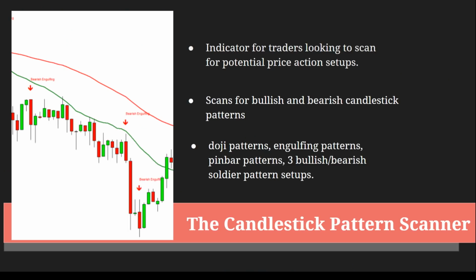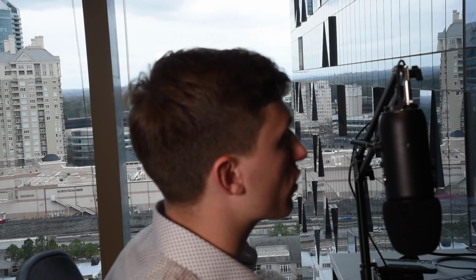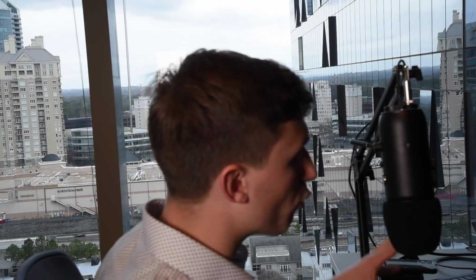So again, this tool is an indicator for traders looking to scan for potential price action setups. It's great for scanning both bullish and bearish candlestick patterns. Recapping the ones we just looked at, it has the doji pattern, engulfing pattern, 3 bullish and bearish soldiers pattern, and the pin bar pattern as well. All 4 are built in by the program to be able to spot these concepts on the chart in real time.